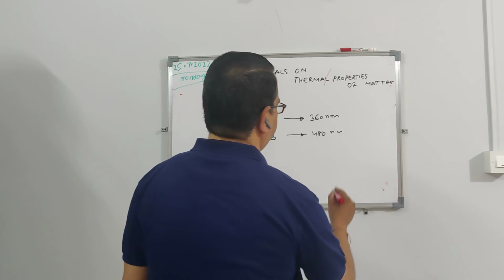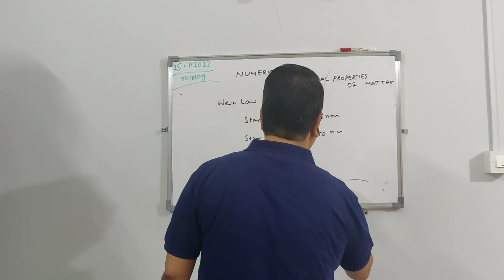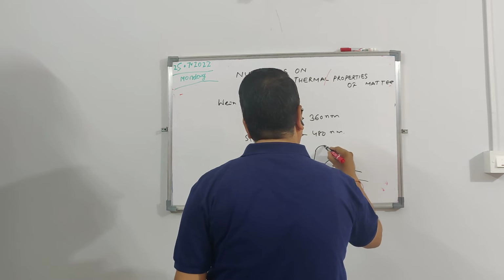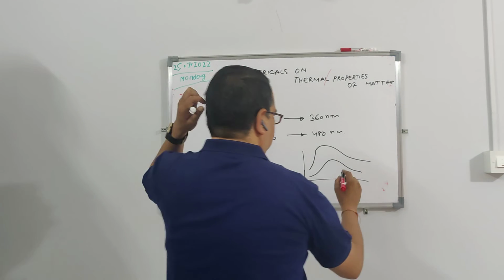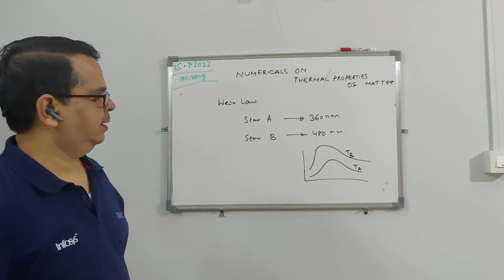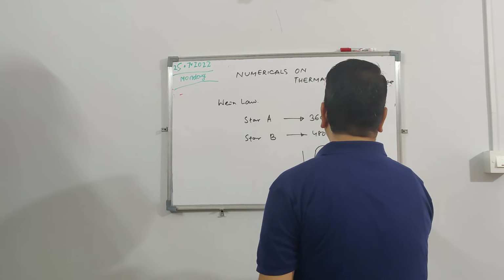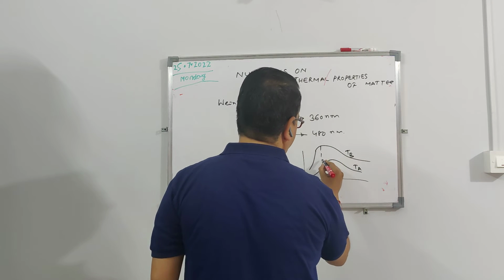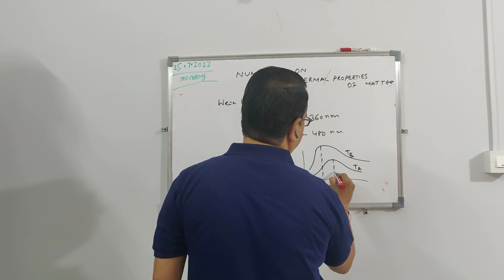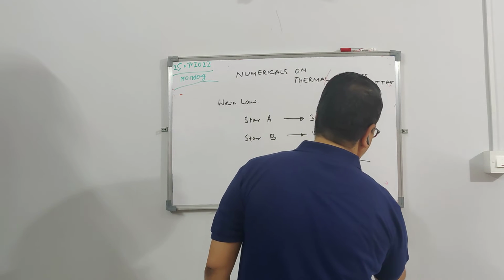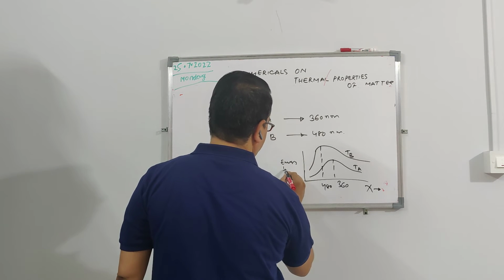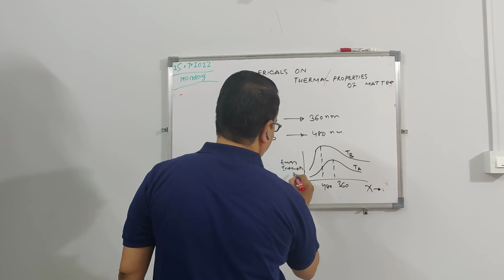If you draw the curve, it is something like this. Let us say this is one of my stars with temperature TA, and this is my other star with temperature TB. This wavelength is 480 and the other wavelength is 360. You have lambda here and energy intensity here.